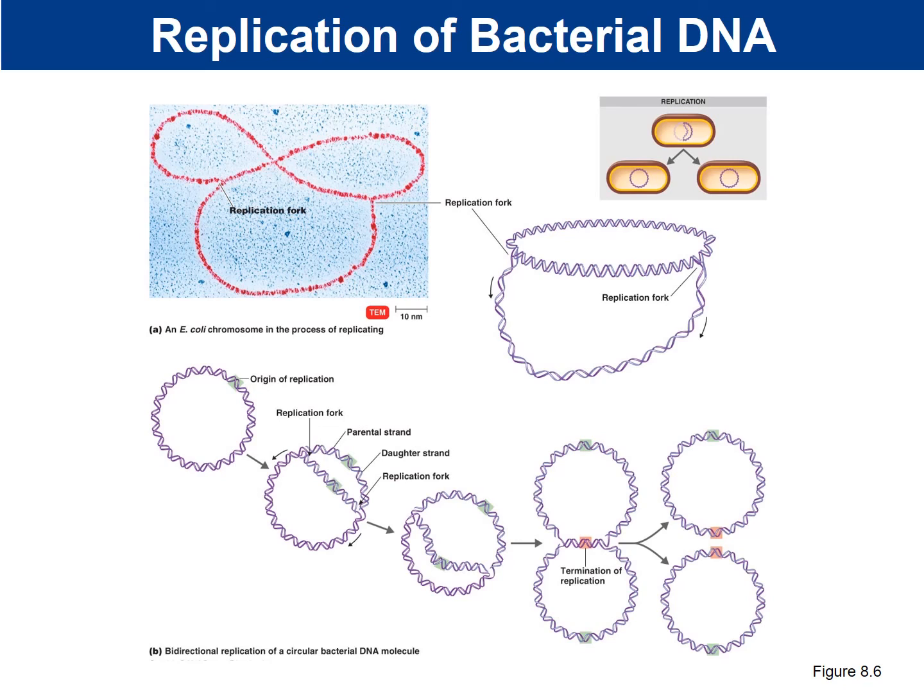And so let's talk about how bacteria replicate their DNA. Again, you can see that here we have the origin of replication. Remember that that is where replication begins. It's a specific DNA sequence that proteins recognize and bind to, and they start to separate the two strands of DNA.